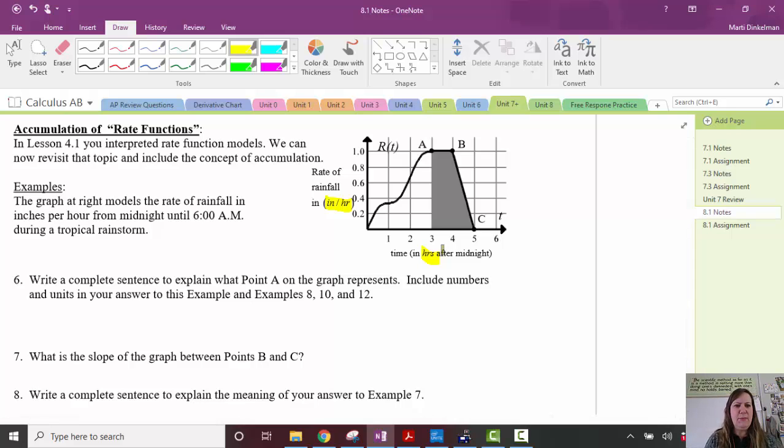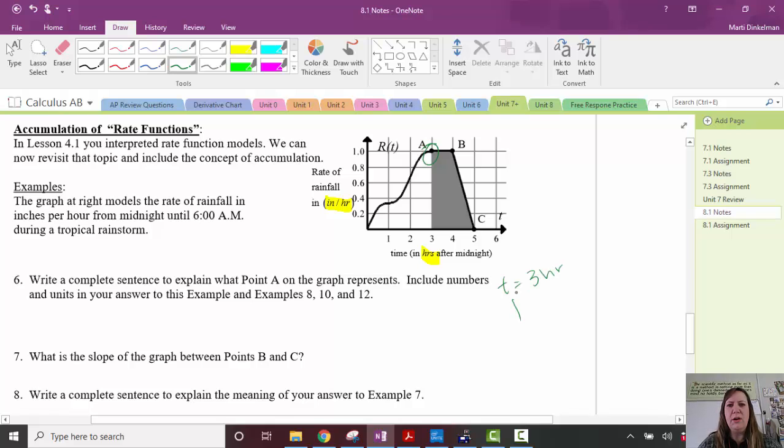So 6 says, first of all, we're going to explain what point A is. So we're looking there. And there's a couple things that I just want to mention that we have. So we're talking about at time equals 3 hours. And then, let's see, that's a 1 for our A there, and that's in inches per hour. And it actually kind of describes it, rate of rainfall.